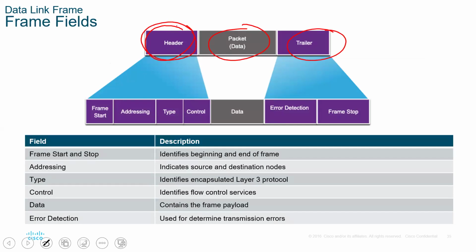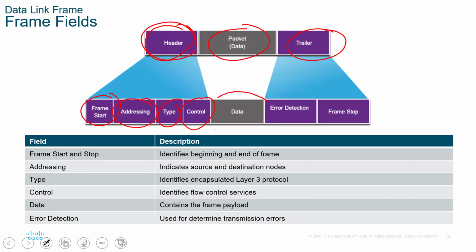In the header of the frame, it has what we call the start frame, and then it has the addressing. The addressing is where you have the destination MAC address and the source MAC address, and things like that. Then it has the type, which identifies encapsulated layer 3 protocols. Then it has the control, which identifies the flow control services that are running there.